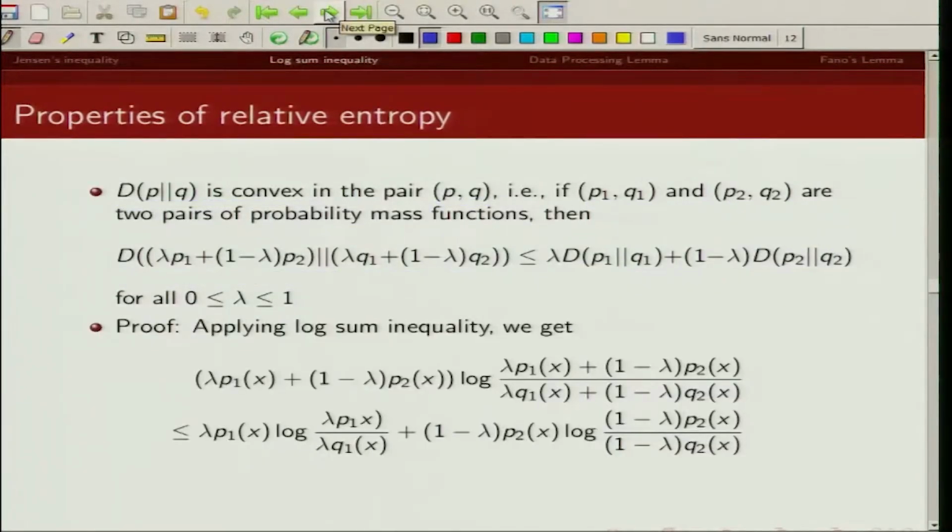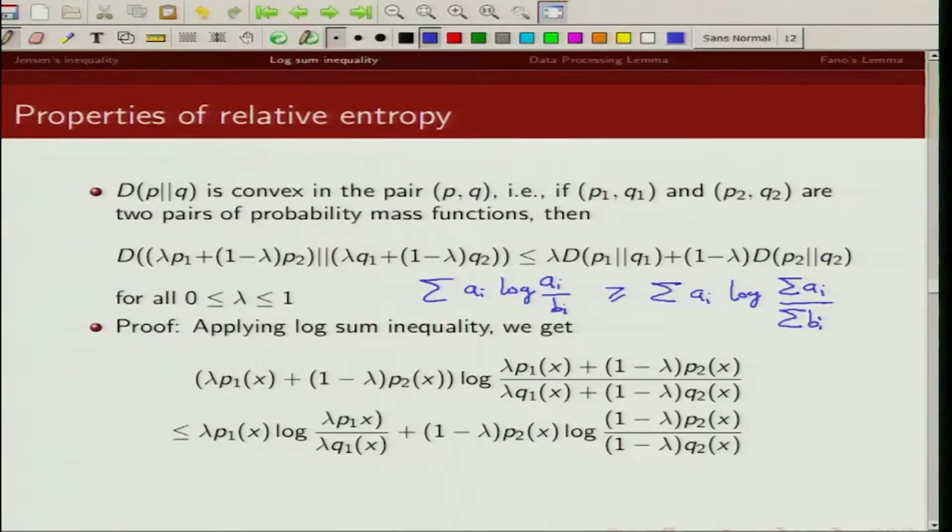Now, we are applying the log sum inequality. What does the log sum inequality say? It says that the summation of a_i log of a_i by b_i is greater than or equal to the summation of a_i times log of the summation of a_i by the summation of b_i.